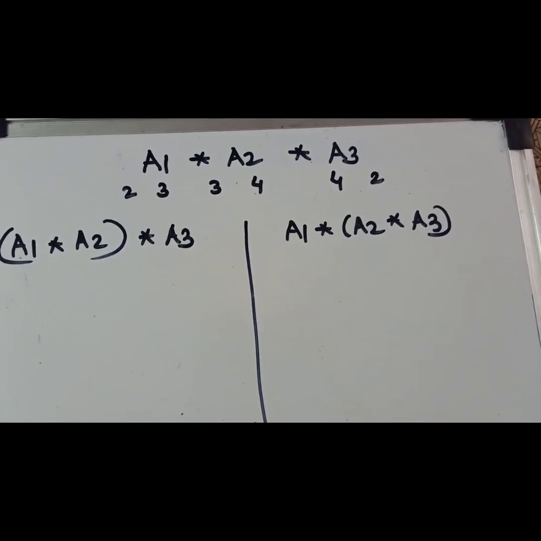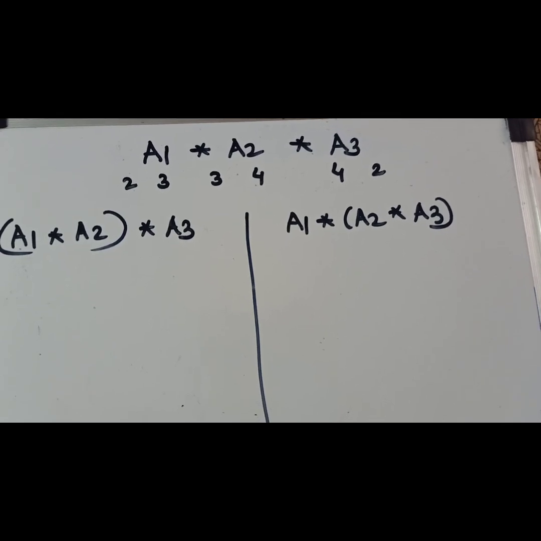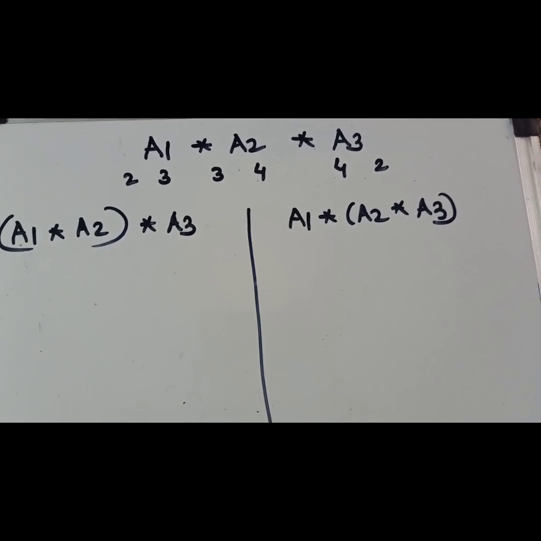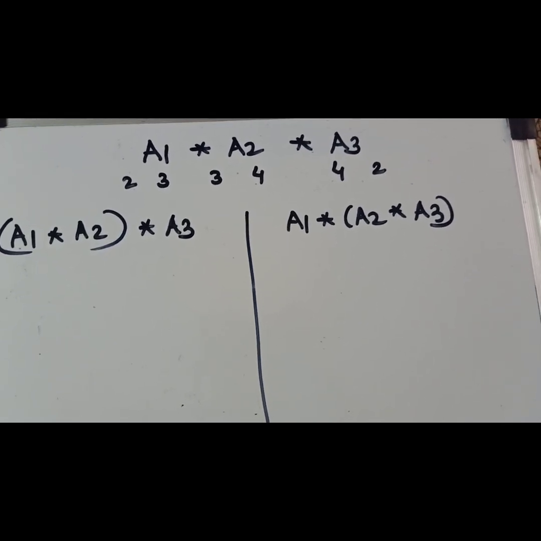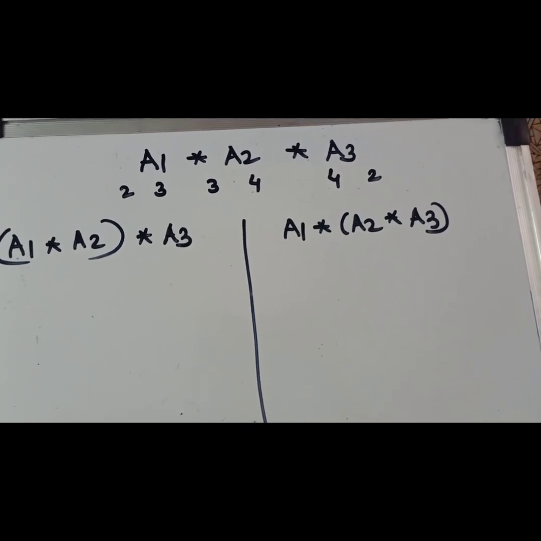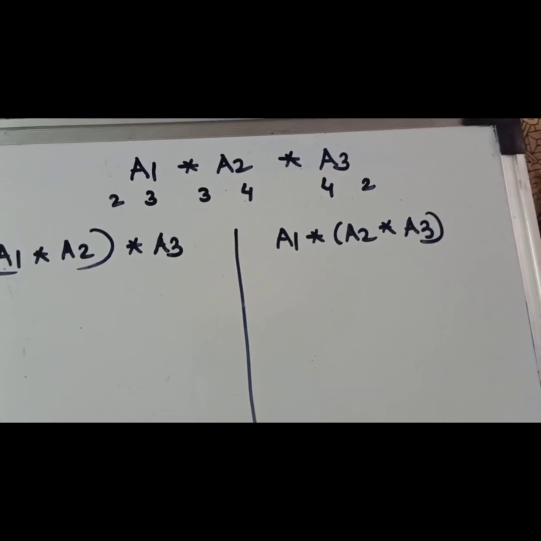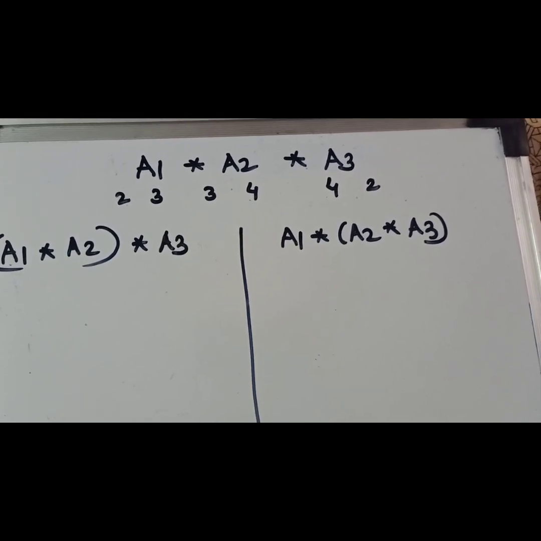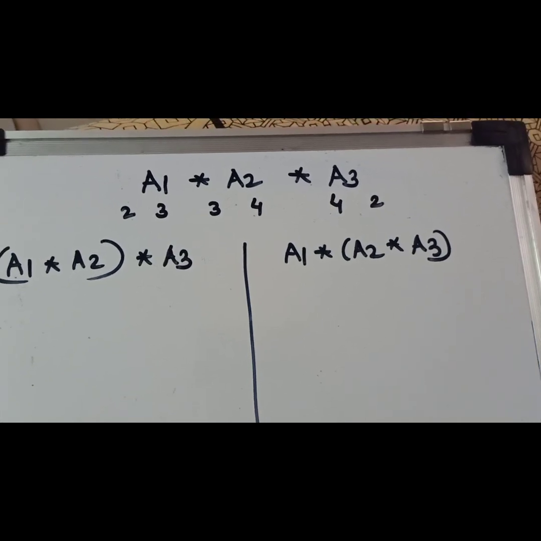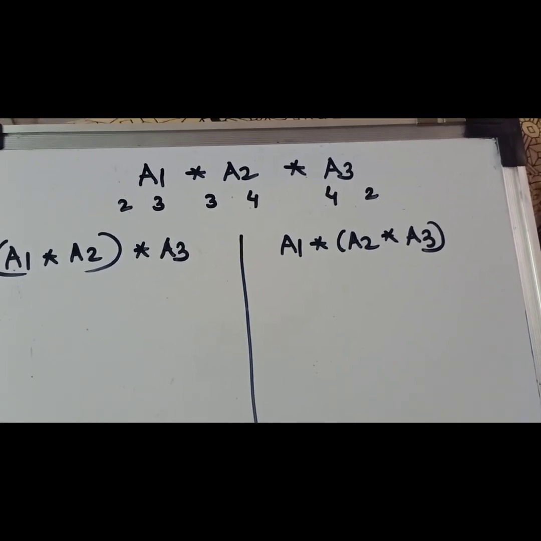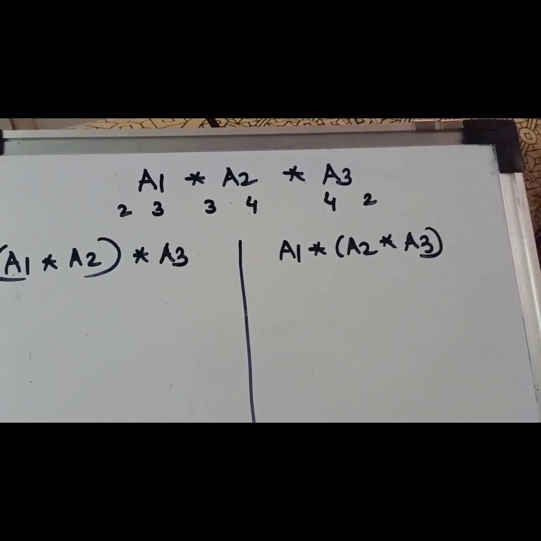Now we will take an example of how the matrix chain multiplication problem can be solved by using dynamic programming. For that, we have taken 3 matrices A1, A2, A3 with dimensions: A1 is 2 by 3, A2 is 3 by 4 and A3 is 4 by 2. We are not concerned about the actual values of these matrices.